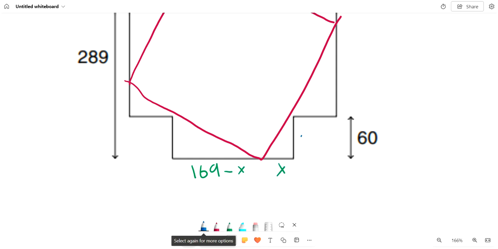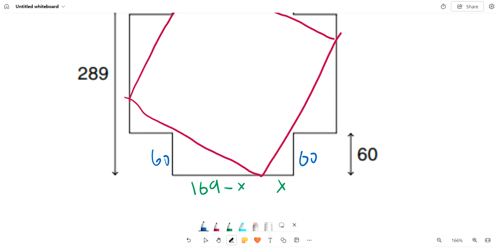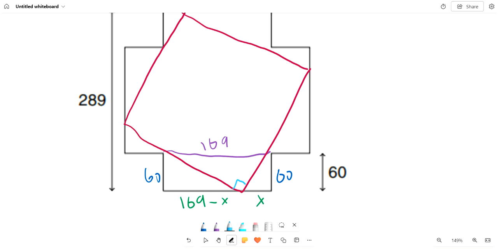And we also know that this is 60 and this is 60. And we also know that this part over here is 169. And this is a right angle because we know this red thing is a square.